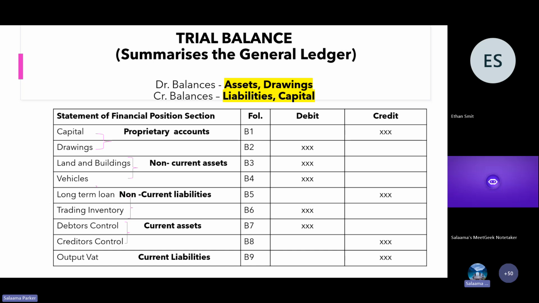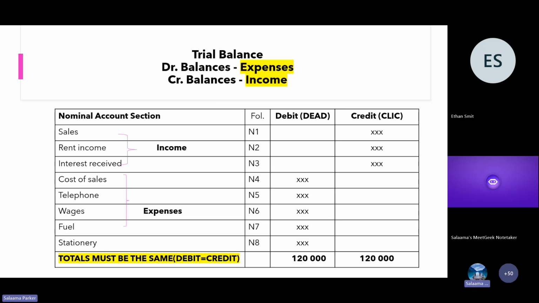What are all the assets? What are all the liabilities? What are all the incomes? What are all the expenses? Again, I've only listed just a few, but you know there are many more on your chart of accounts. Yes, thank you, Perrin, on page 52 in your textbook.